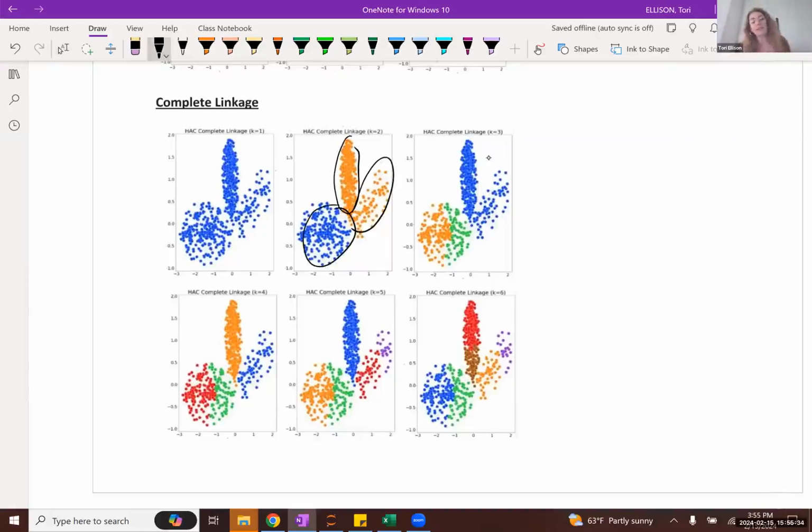So why do we think complete linkage didn't work for this data set? What is one of the downsides that complete linkage has for some data sets that we just discussed? Yeah, so it tends to split large clusters.